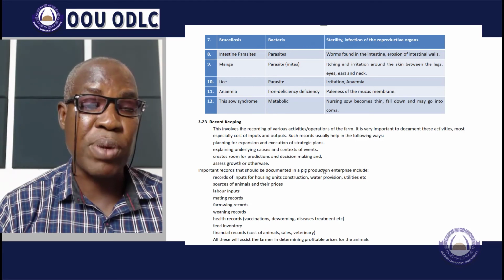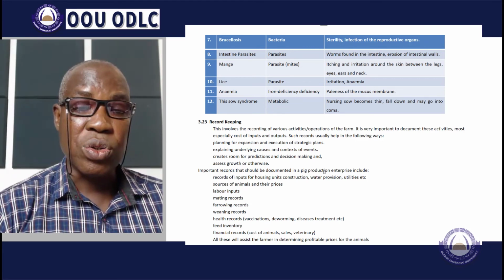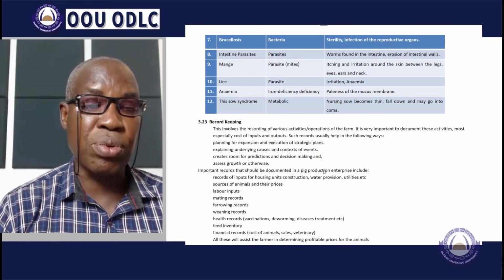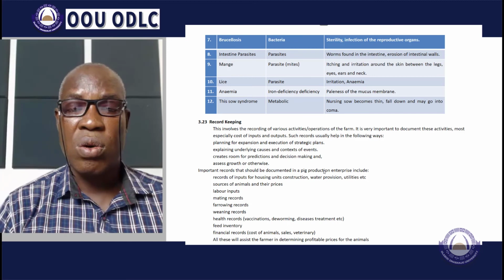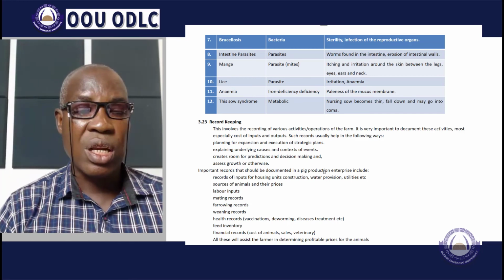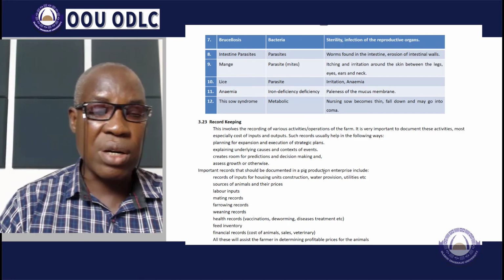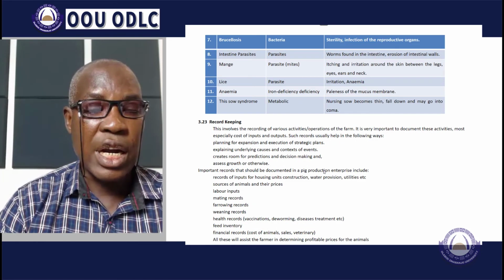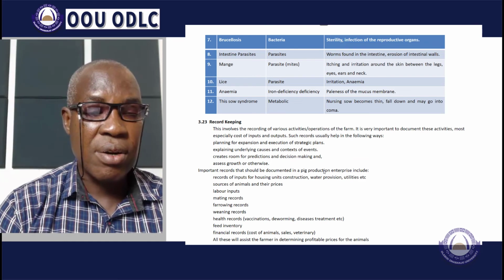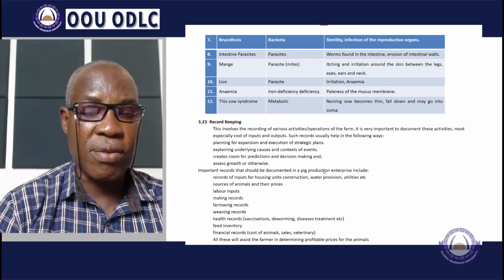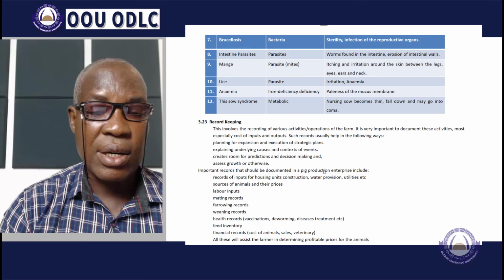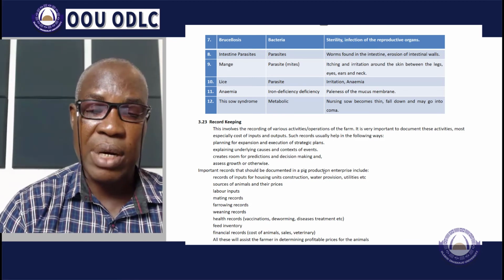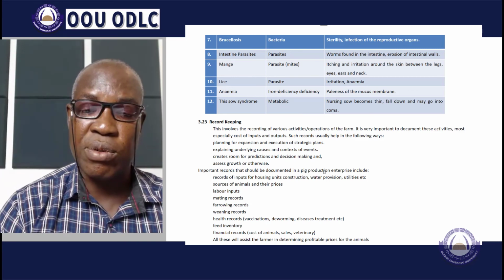Important records that should be documented in a pig production enterprise include records of input, records of constructions, water provisions and utilities, labor inputs, mating records, farrowing records, weaning records, health records, feed inventory records, financial records, cost of veterinary operations, and so on and so forth. All this will assist the farmer in determining a profitable price.